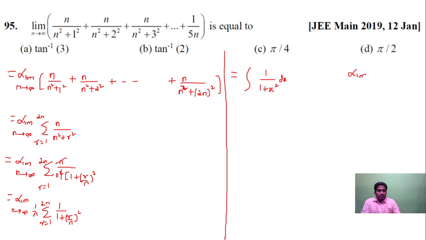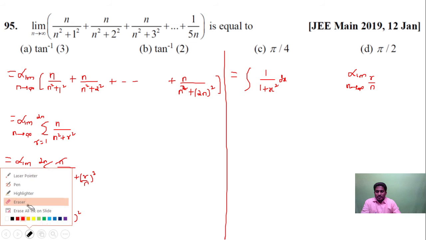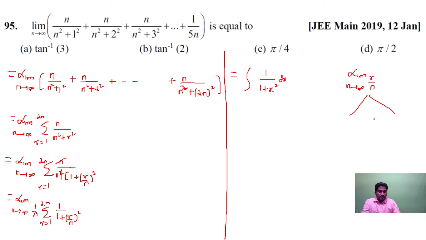For the lower limit, the least value of r is equal to 1, so 1 by n tends to 0, and the highest value of r will be 2n, so 2n by n gives 2. So the limit is 0 to 2.